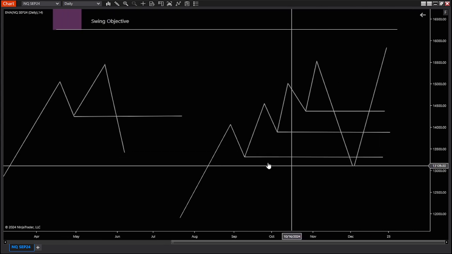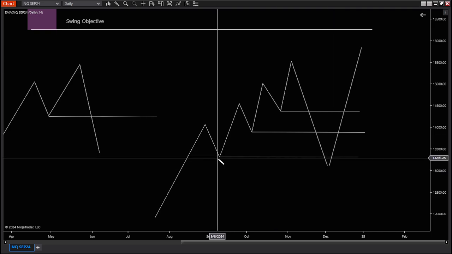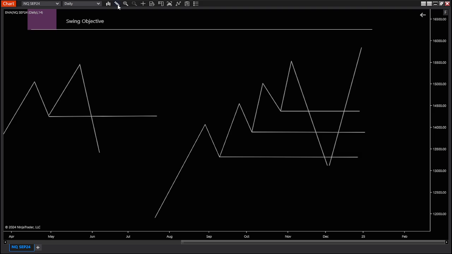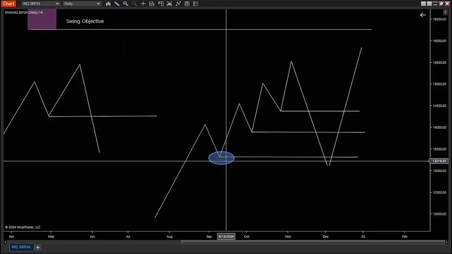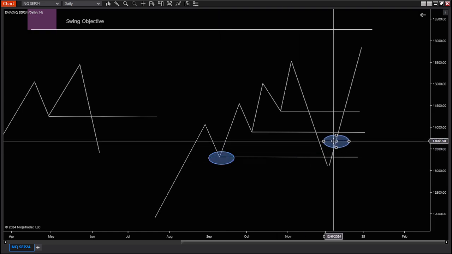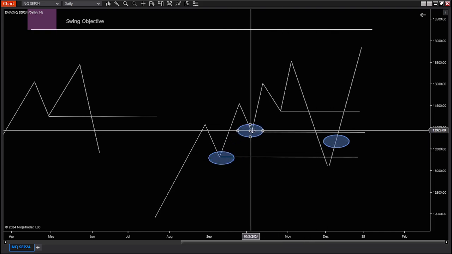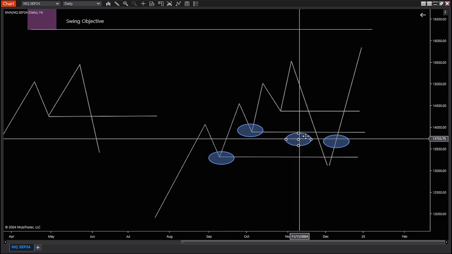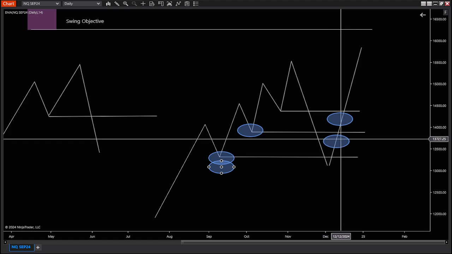So ultimately what we want to have happen on something like this is, once these sellers are stopped out, we want these sellers to fuel this move up, where their stop losses are. Let's say they have their stop loss somewhere here.